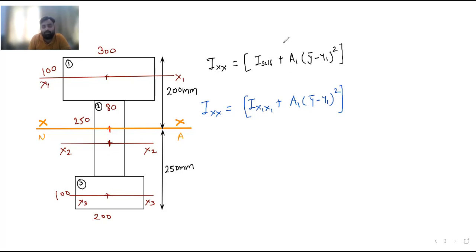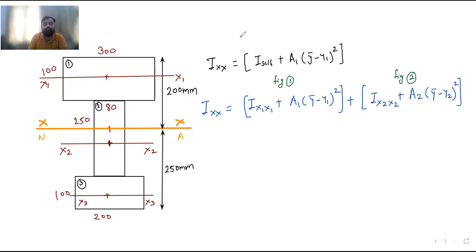So I will write here also, this is for figure number 1, transferring the moment of inertia of figure 1 to the capital X axis, the centroidal axis. Then plus, for the second figure, I x2 x2 plus a2 (y bar minus y2) square. So this is for figure 2.